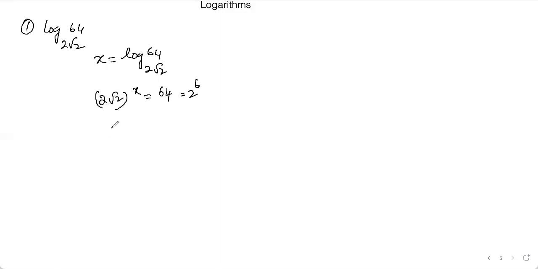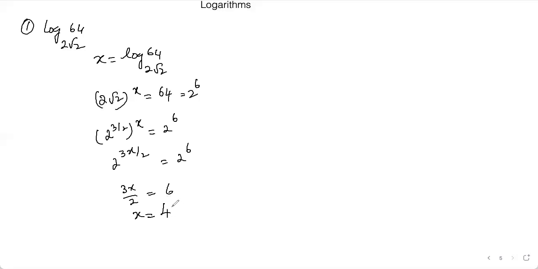Okay, so combining this together, you get 2 to the power of 3 by 2 into x, that is 2 power 3x by 2, which is equal to 2 power 6, or 3x by 2 as 6. So when you simplify it, you get x as 4. So hence we get log 64 to the base 2 root 2, which is 4.